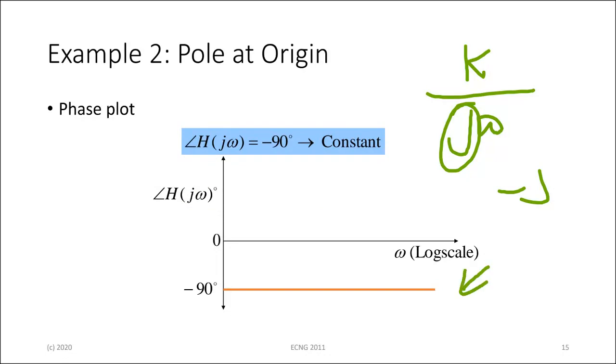So for a pole at the origin, the frequency response decreases in the log scale at minus 20 dB per decade, linearly all the way down, and the phase is minus 90. So it's always minus 90 degrees out of phase with whatever signal was driving it. Yeah? Fair enough?